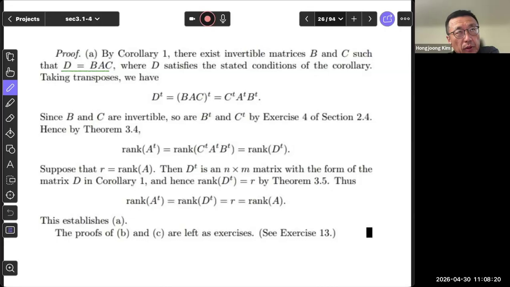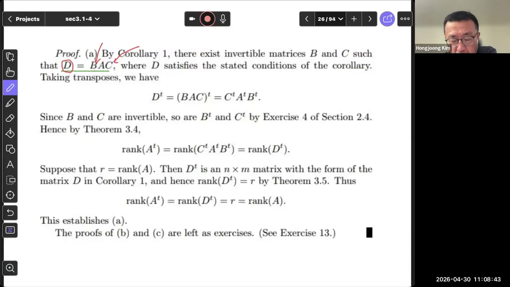By the first corollary, given A, we can transform A to D by performing elementary row operations, which introduces B, and some elementary column operations, which introduces the C matrix. And please note that B and C are all invertible matrices.